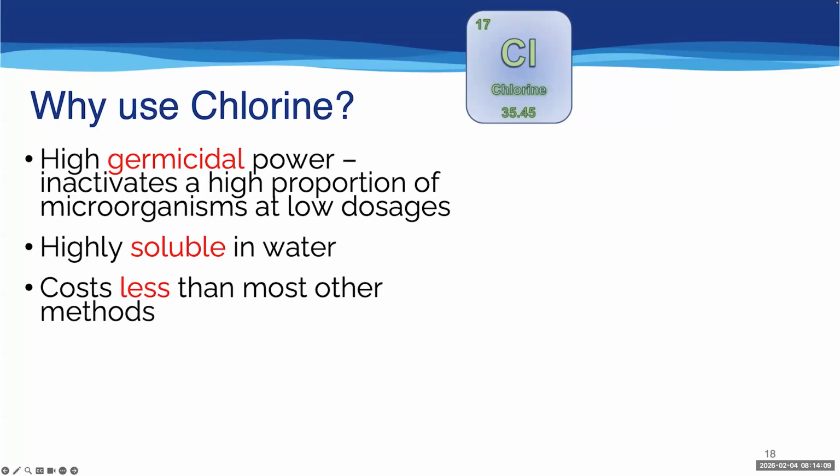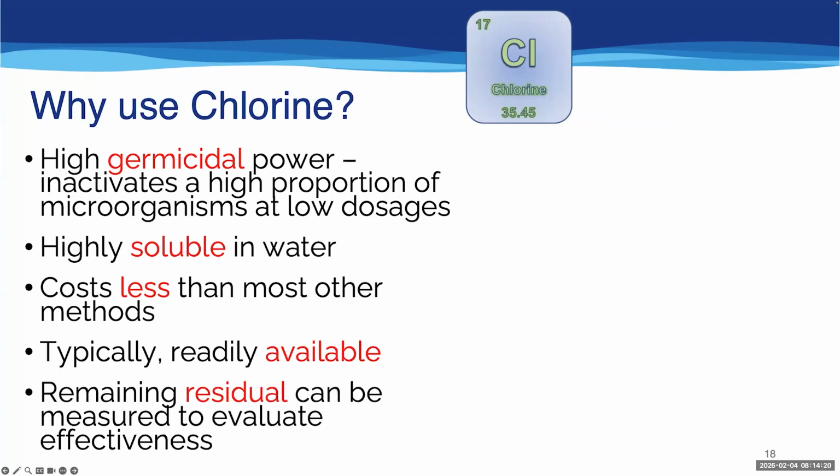It's also typically cheaper than a lot of the other methods that are available. It's typically also readily available to purchase in a variety of forms. And the nice thing about chlorine is at the end of the process, you can have a remaining chlorine residual that you can measure to evaluate its effectiveness and make sure that it did its job.